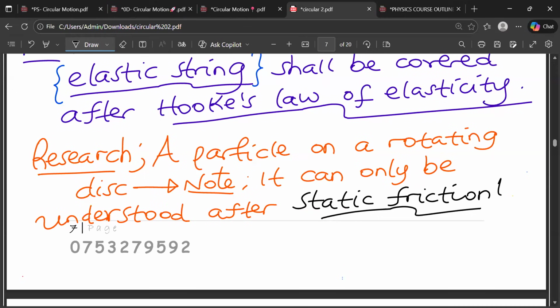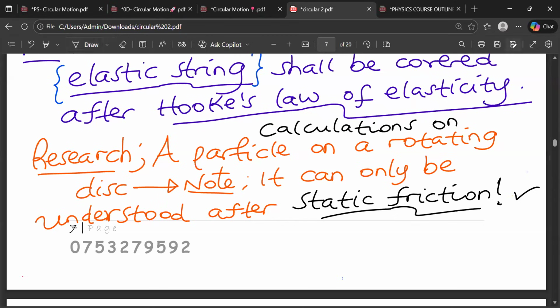But trust me, when you study static friction, then those calculations, I'm talking of calculations on that particle which is on a rotating disk, you can only understand it after what? Static friction. If you don't understand static friction, then you cannot get it.